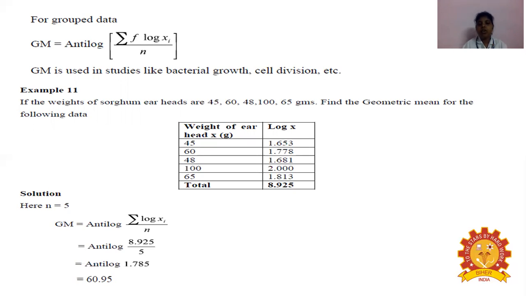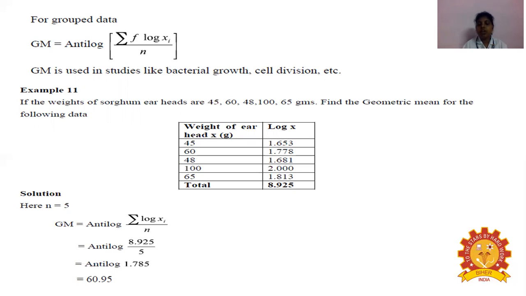Next, we find the log X column. Log of 45 is 1.653, log 60 is 1.778, log 48 is 1.681, log 100 is 2, log 65 equals 1.813.